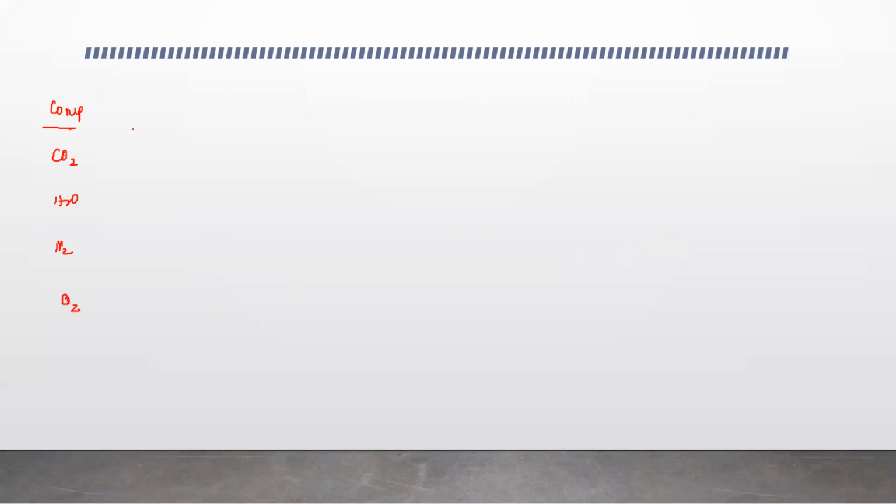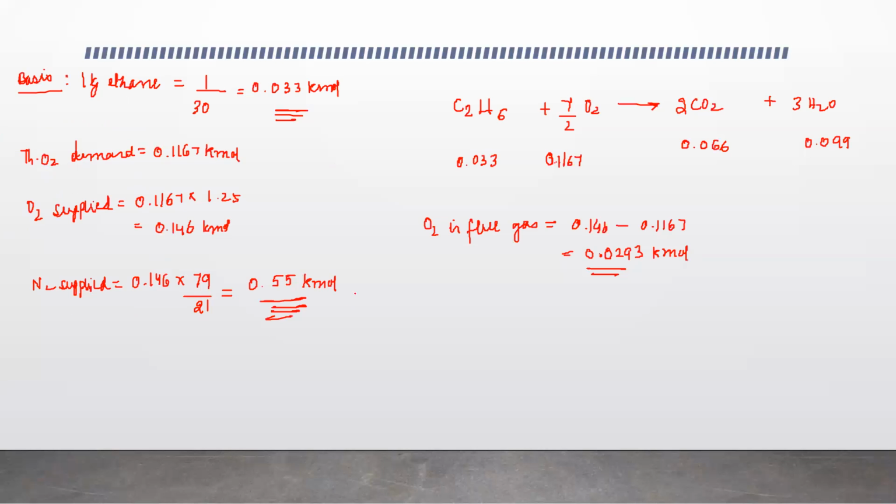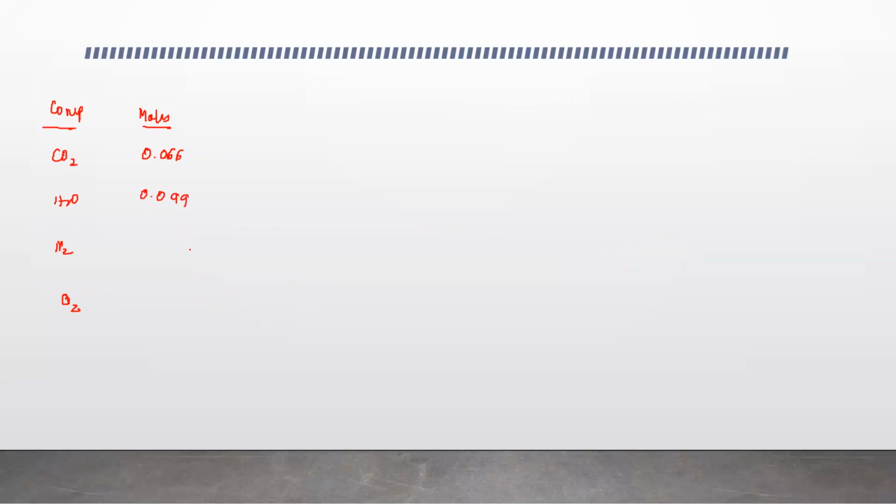The moles are 0.066, then 0.099, then the nitrogen supplied, which will all be in the flue gas because it is not involved in any reaction, 0.55, and then oxygen, which we calculated as 0.0293.